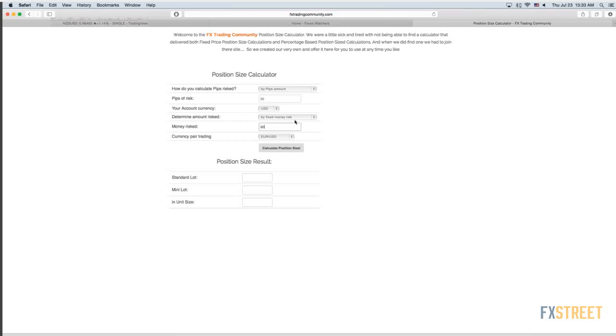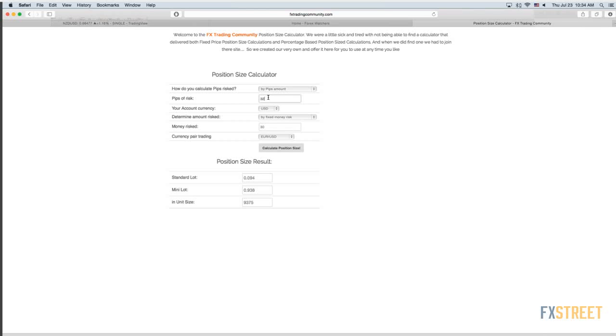It won't affect me mentally. Then you choose your currency, and you're doing 32 pips of stop loss, right? Now, if I calculate it, it's going to tell me my unit size or my lot size. I don't change this number of $30. Whatever your number is, you keep it the same.